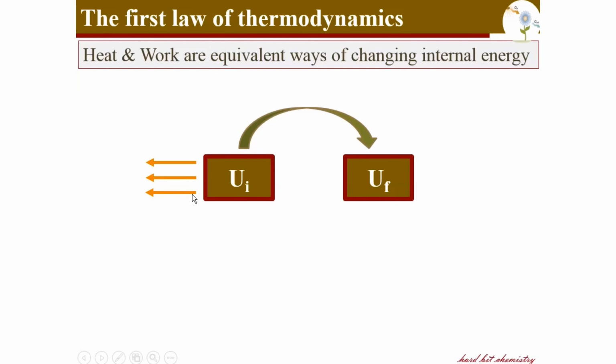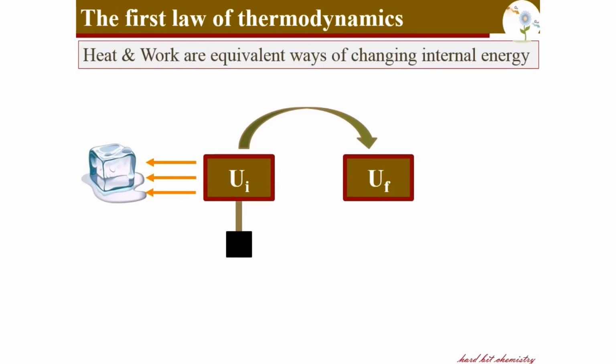Suppose the system gives out heat, then the surrounding molecules can move more vigorously. For example, ice in the surroundings can be melted as the system gives out energy. Likewise, the system can perform work also. It can lift a weight from there to here.